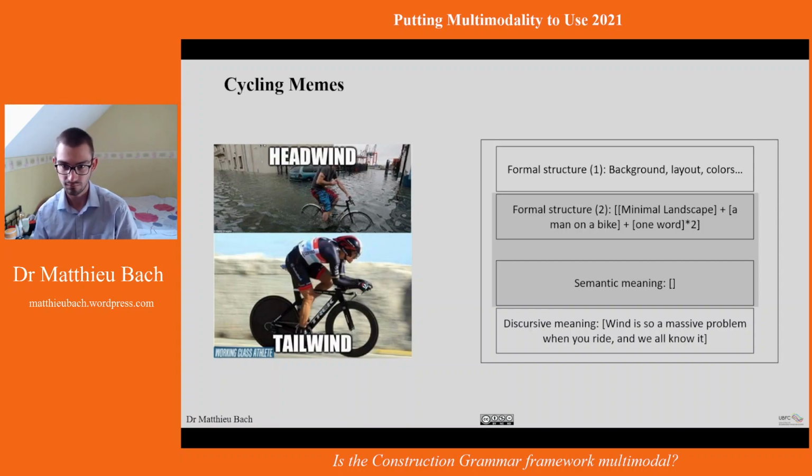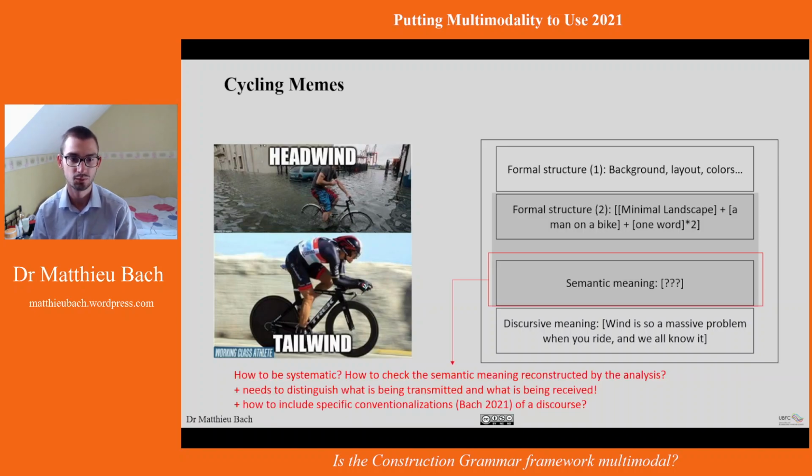And then you have a semantic meaning, difficult to generate there. And then you have the discursive meaning. Well, it's something like: wind is a massive problem when you ride, and we all know it. We know that when it's a headwind, it's really hard and there is no speed. But when it's a tailwind, you're like the world champion.